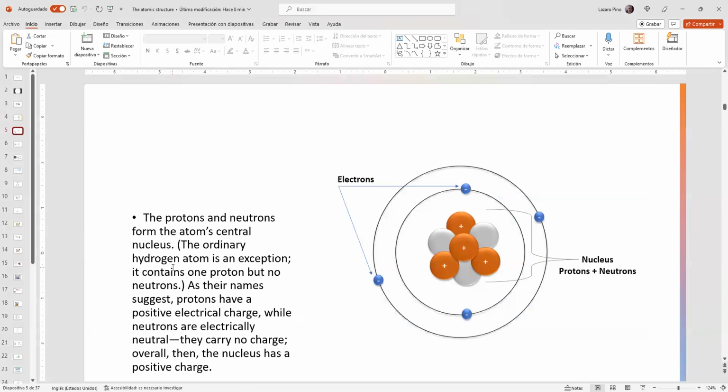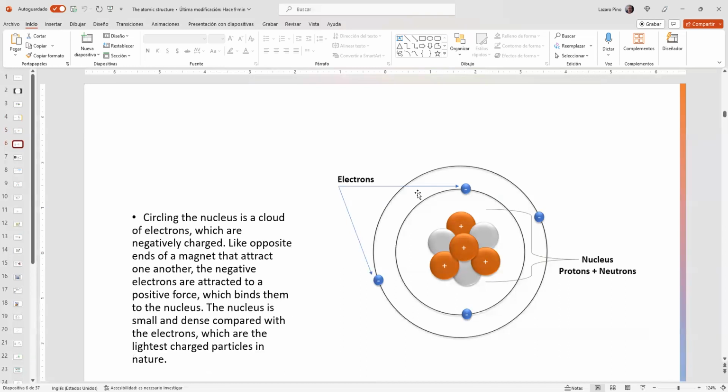The protons and neutrons form, as I told you, the nucleus of the atoms, while the electrons are in a cloud around the nucleus. Then most of the mass is here in the nucleus. The rest is empty space.